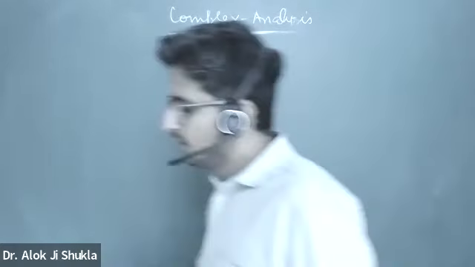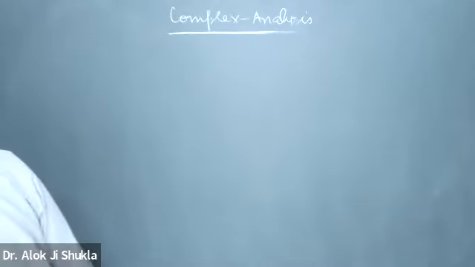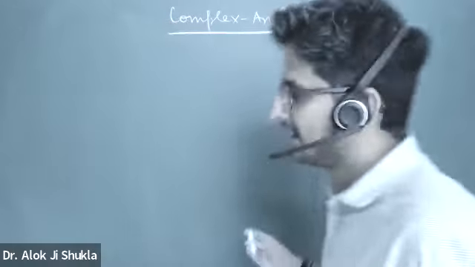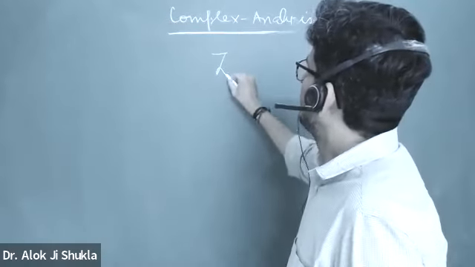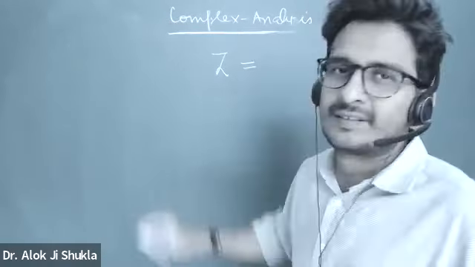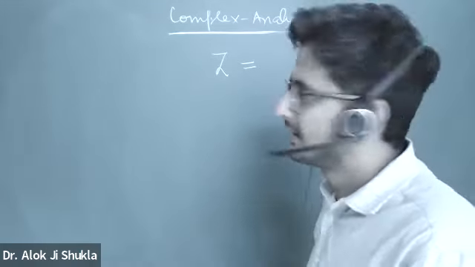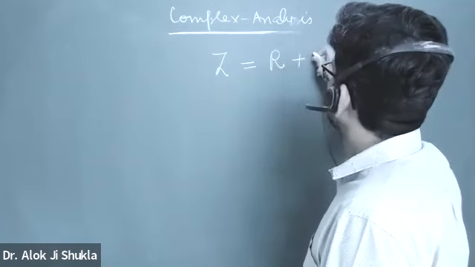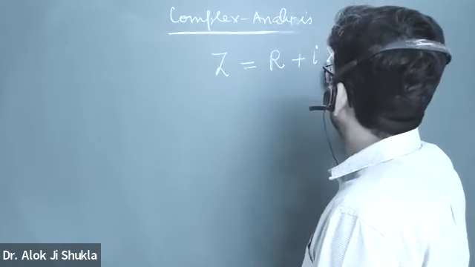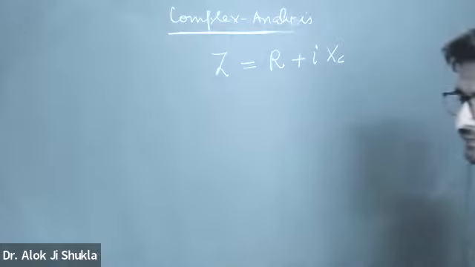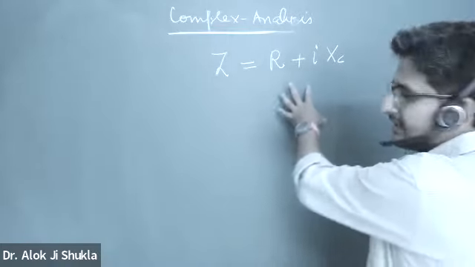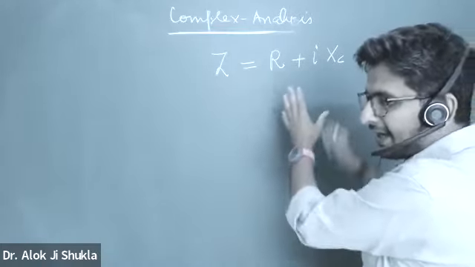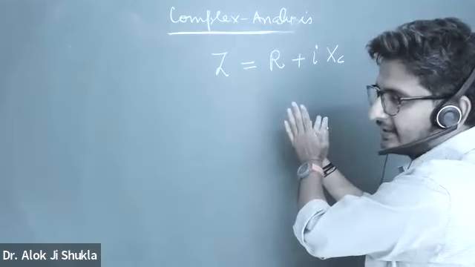So this is how complex analysis is used. Please understand, iota is just there. Like if I represent the impedance in electronics, suppose I write R plus iota Xc. What does it mean? It means you have resistances having a phase difference of 90 degrees.